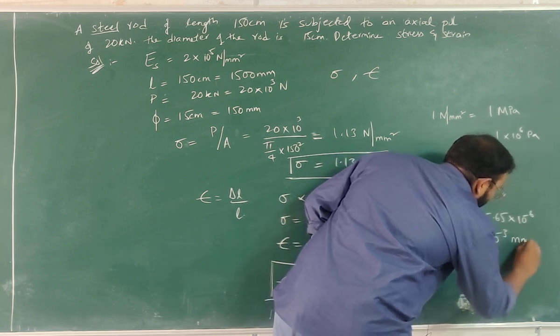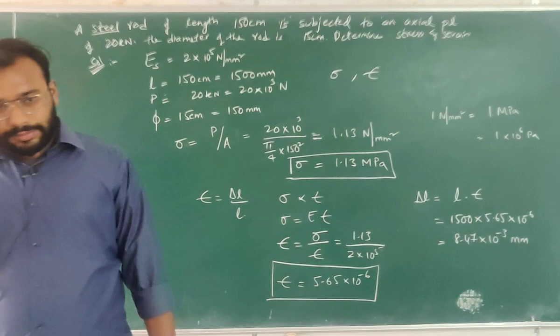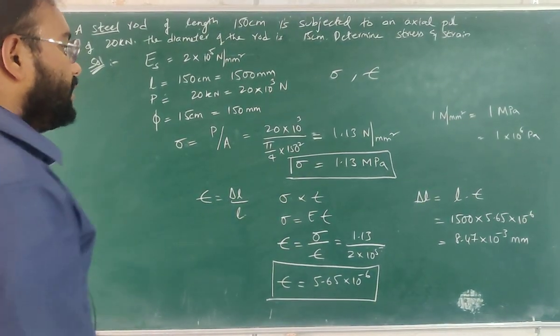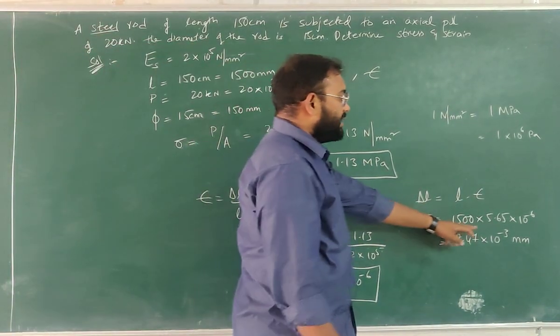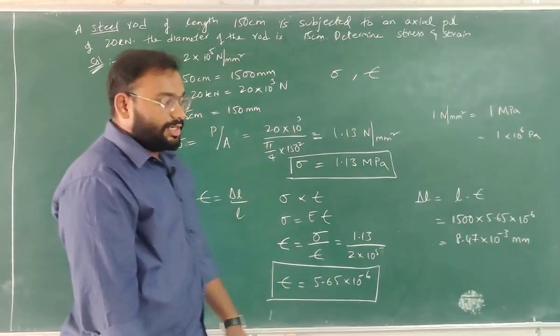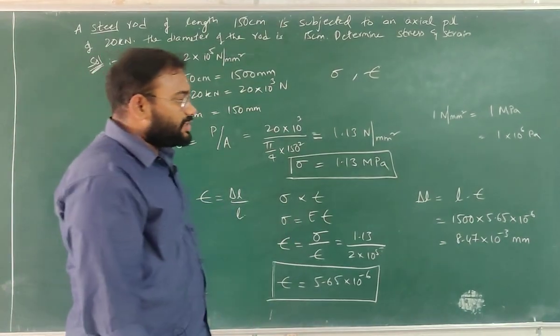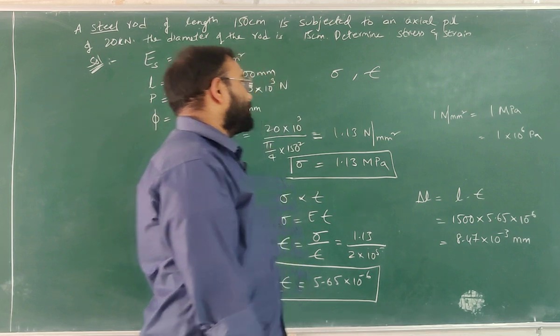All values are substituted in millimeters because the length is in millimeters and strain does not have any units. So that will be 8.47 into 10 power minus 3 millimeter.